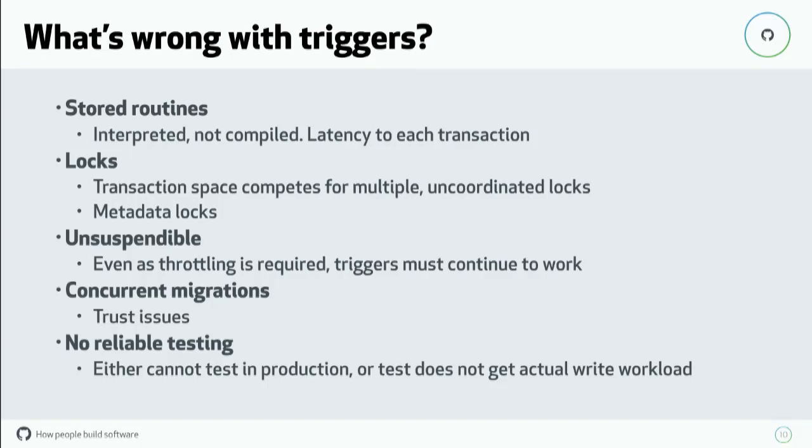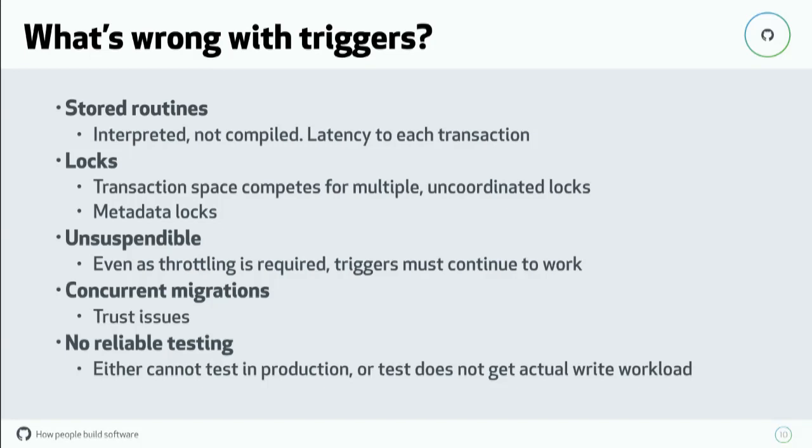Another thing is we were thinking about running migrations concurrently. Like if there were a bunch of things that we wanted to happen all at the same time, there was no way that we were going to put dozens of triggers onto a single box at a time. It was not going to happen.